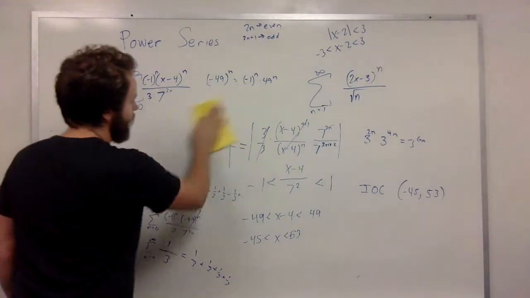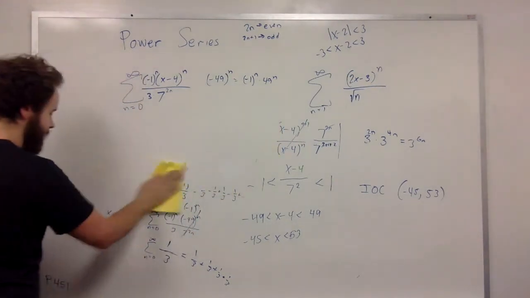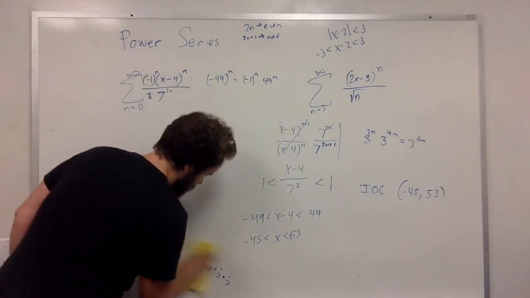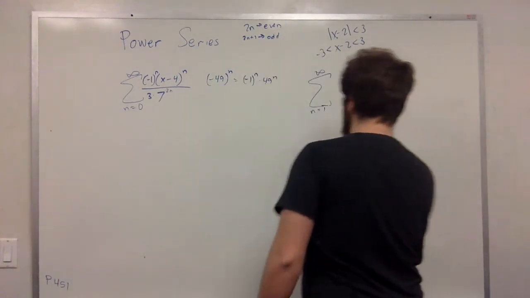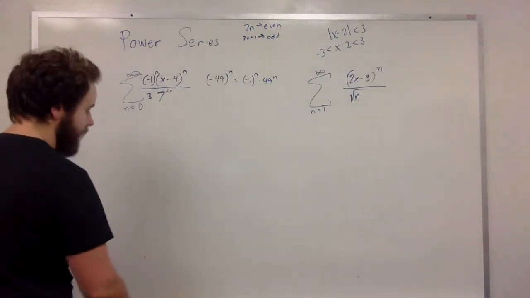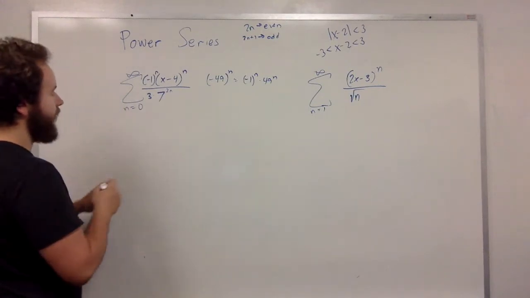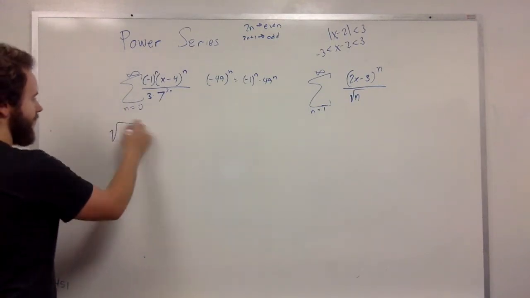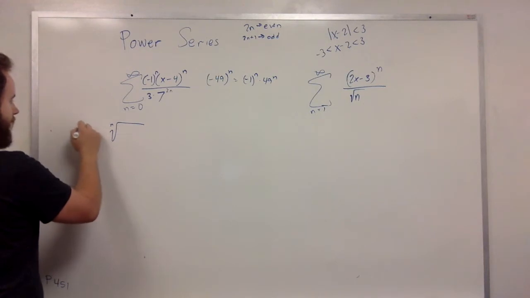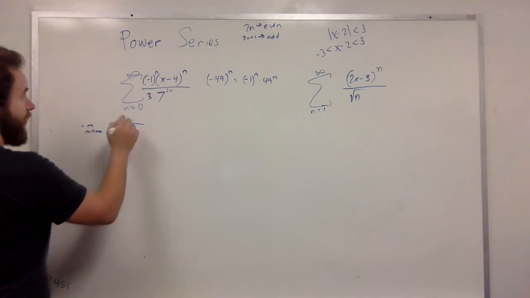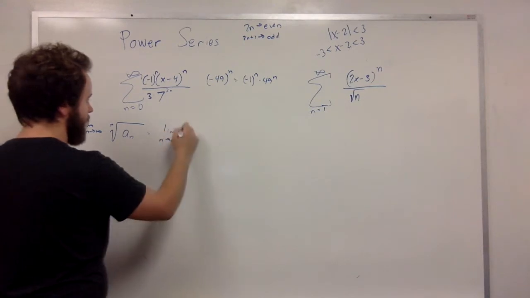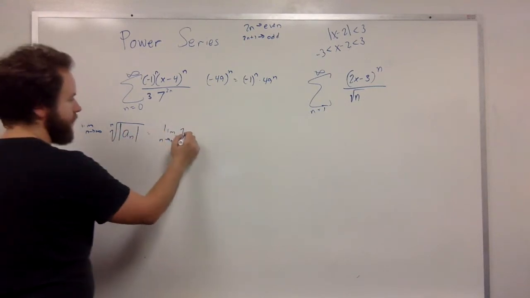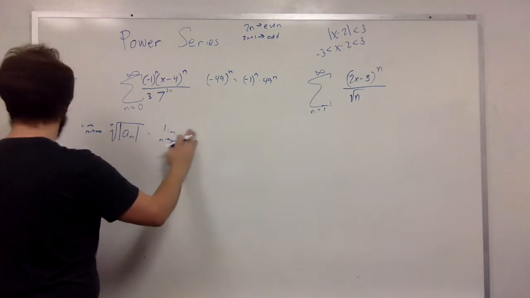I guess I thought I was going to do a root test. We'll do a root test over here on this one. So that was the ratio test. Really briefly here, the root test works almost the exact same way. You take the limit as n goes to infinity of the nth root of the absolute value of a sub n.